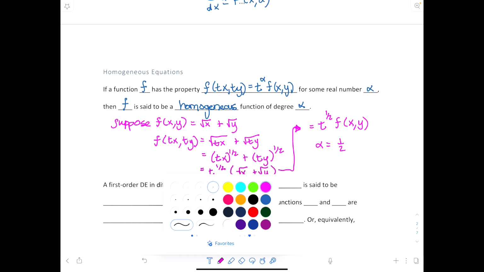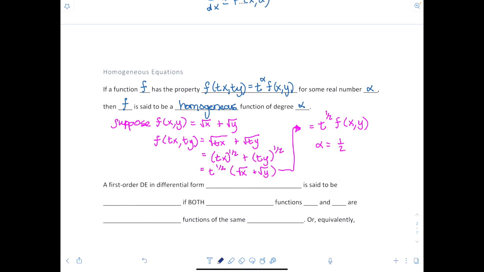Now, a first order differential equation in differential form. So remember, differential form had M at x and y dx plus N at x and y dy is said to be homogeneous if both coefficient functions M and N are homogeneous functions of the same degree.